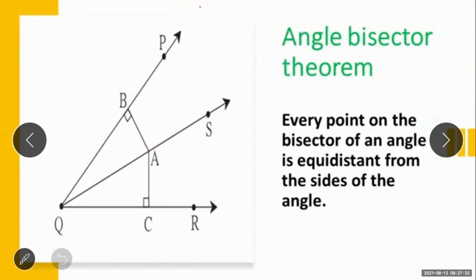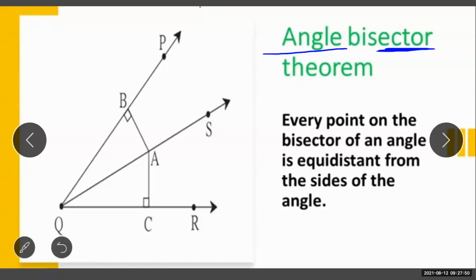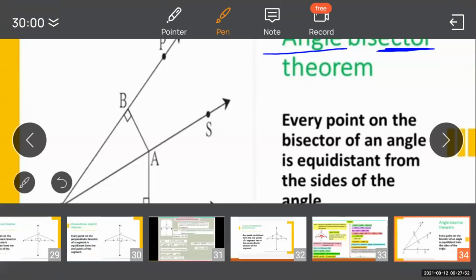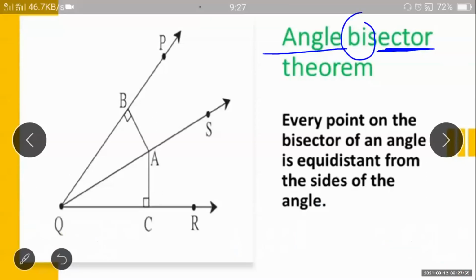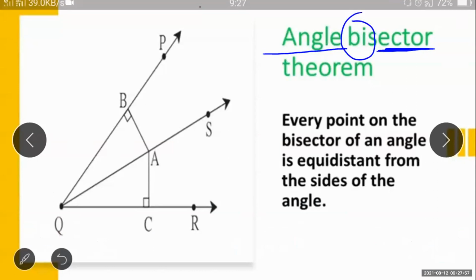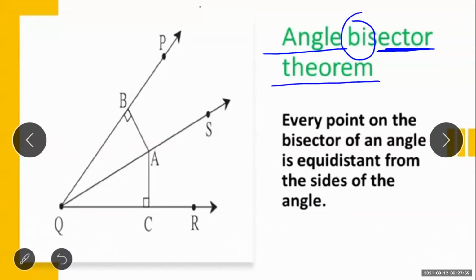So when any angle gets divided by any ray or any line, that angle is divided into sectors, meaning two parts, and bisector means two equal parts. The theorem based on it is the angle bisector theorem.